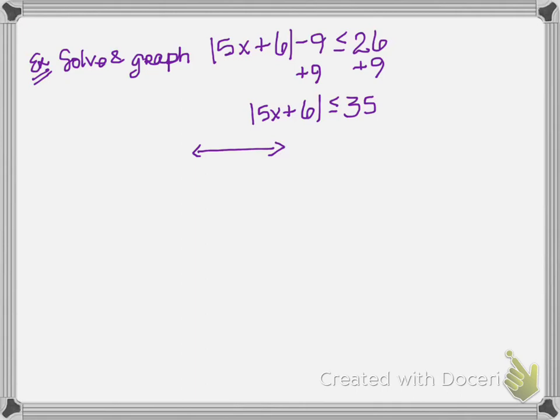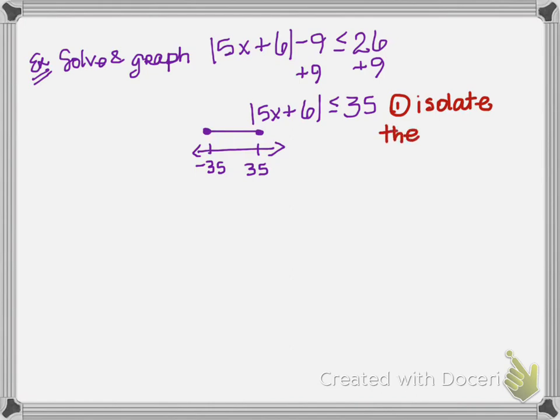Well, it's less than or equal to 35 units away from 0. So the stuff in the absolute value is between negative 35 and 35. And again, I want to re-emphasize that the first thing we did was isolate the absolute value. That is really critical.